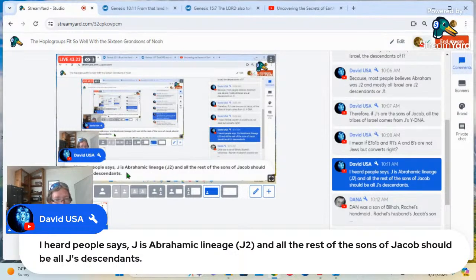I heard people say J's Abrahamic lineage, J2, and all the rest of the sons of Jacob should be all J descendants, except that I branches off from the J lineage. The I lineage branches off from the J lineage.